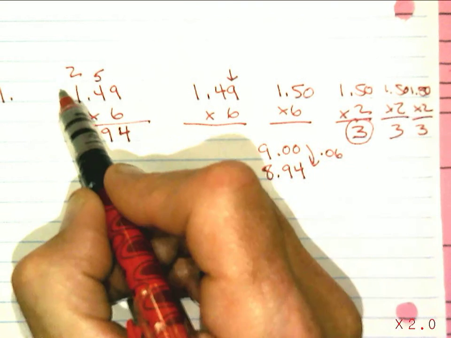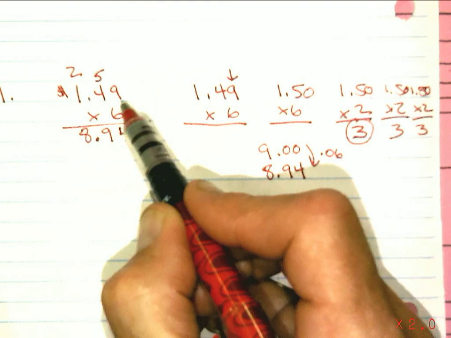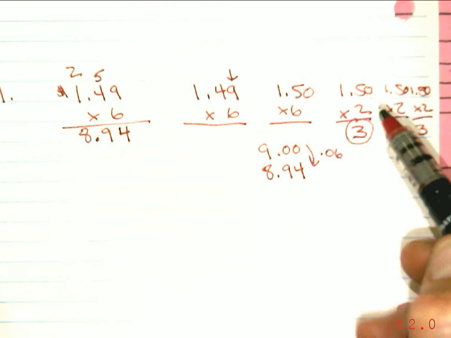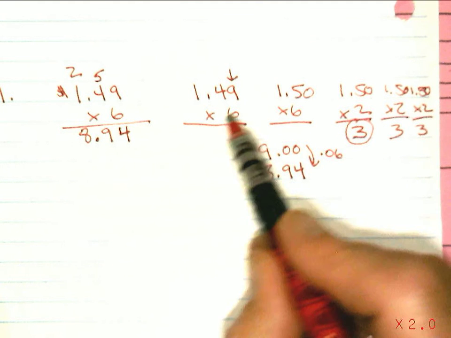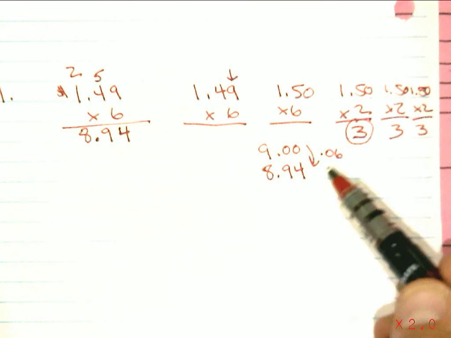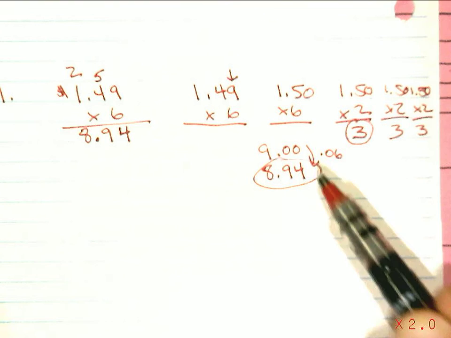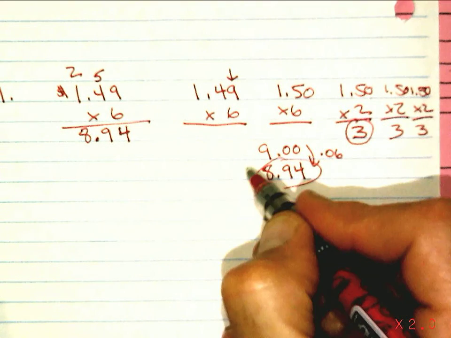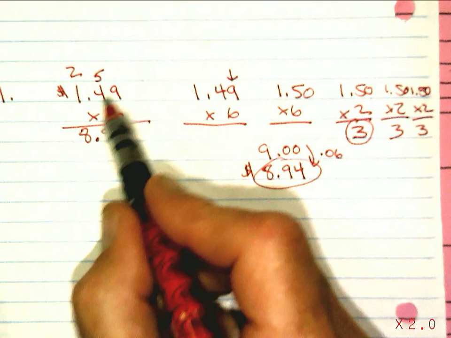So when you're thinking in terms of dollars, if I take 6 times $1.49, or really $1.50 times 6, that would be $9, minus the 6 extra cents, because I multiplied that extra penny in there 6 times. And so I just took it away at the end and ended up with $8.94. So there's another way to do that, using mental math as opposed to this method.